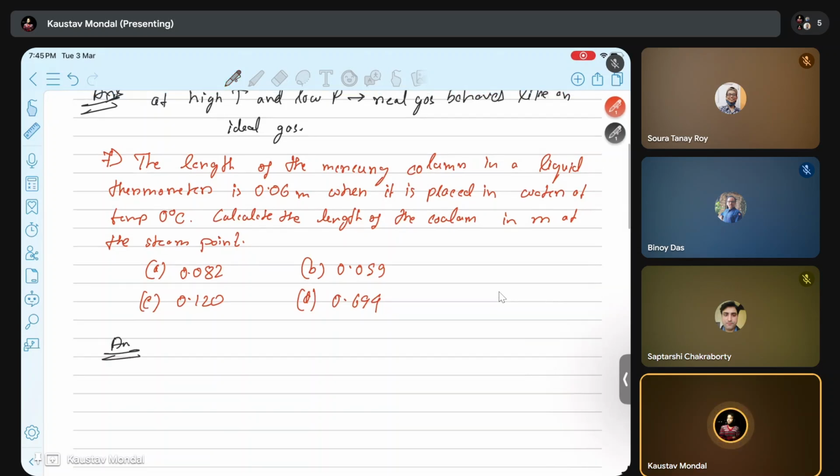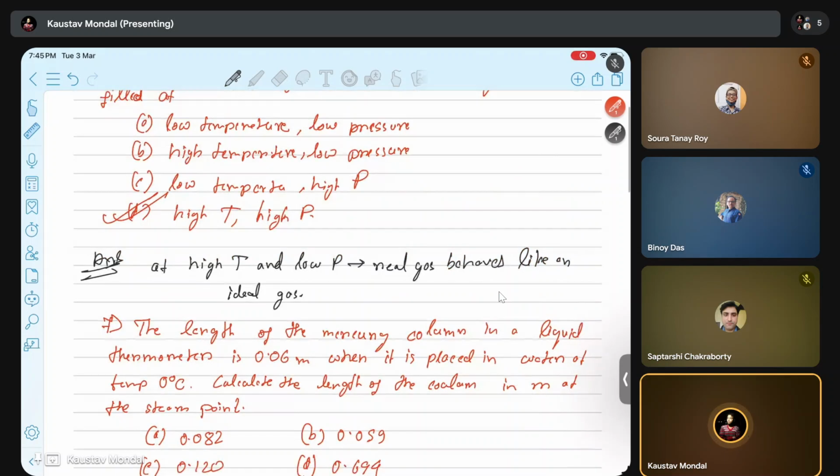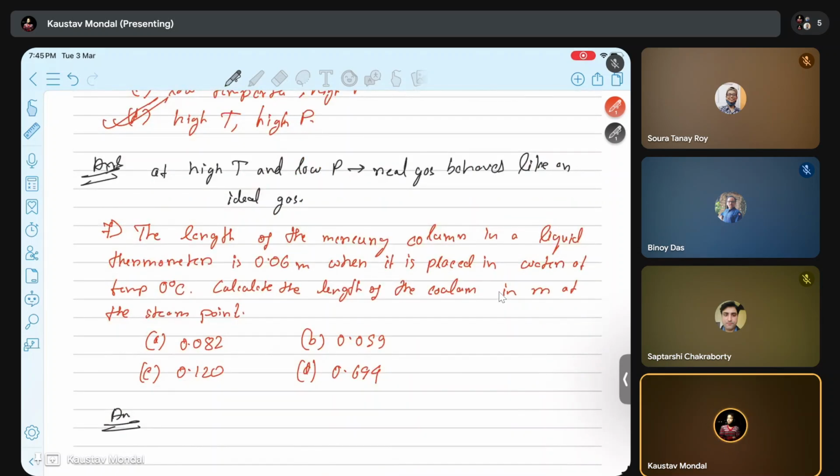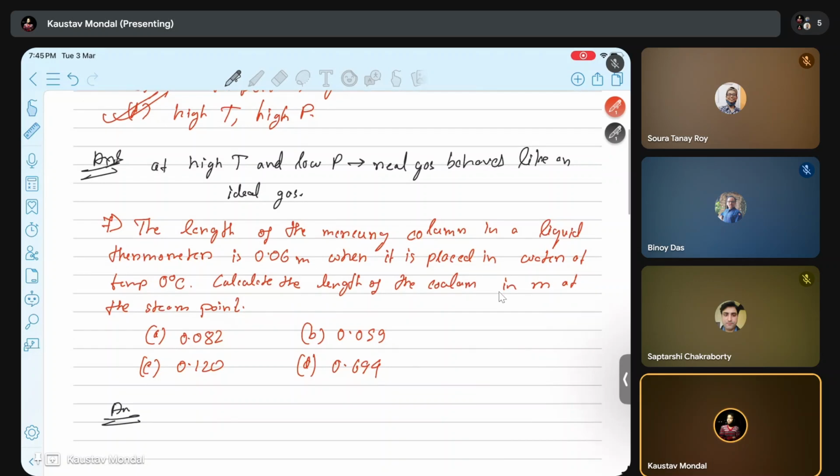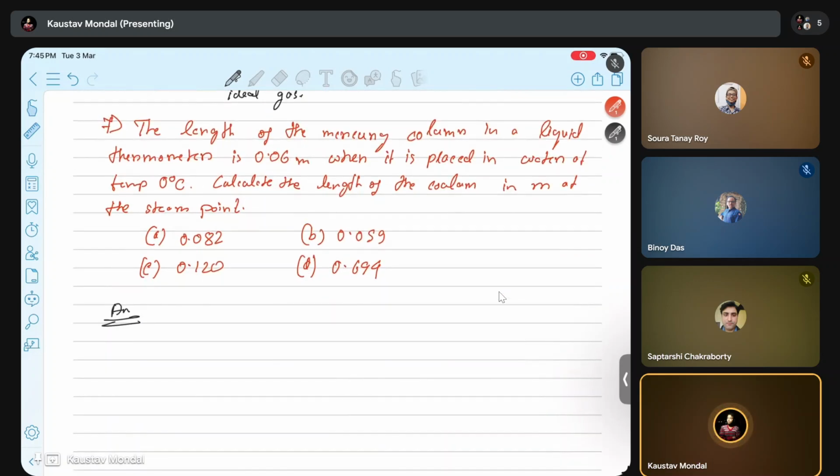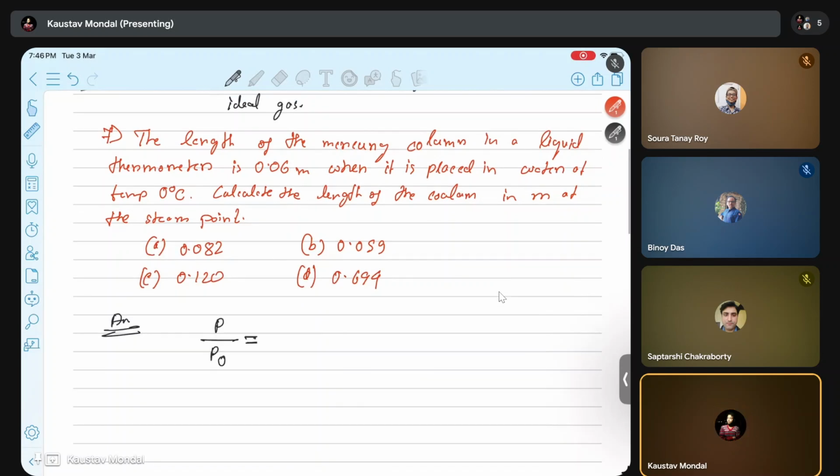So we know that this is a length thermometer, right? So here it uses the length as a thermometric property in order to calibrate the temperature. In terms of pressure, we know this formula: P by P0 equal to T by T0, from the constant volume thermometer.